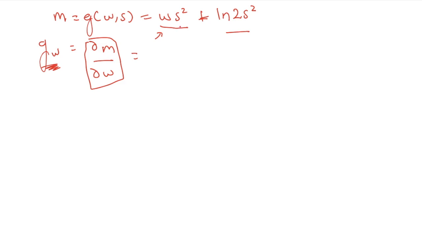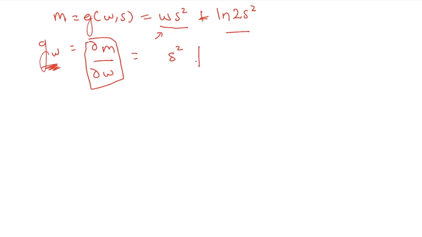Like S square is like 5, 10 or something like that, like a constant. So when you differentiate it like this, W becomes 1, isn't it? And then you have S square. So it becomes S square. Even if you don't write 1 here, it's okay also.